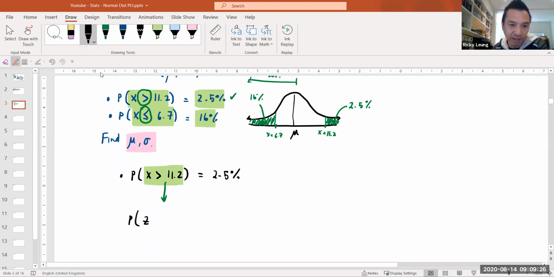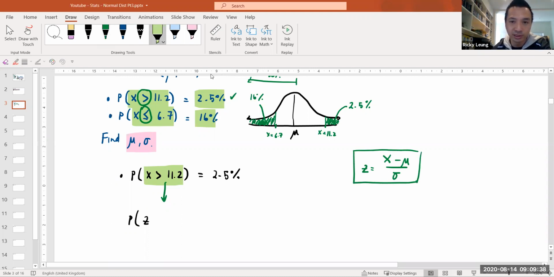To get from X to Z, please remember the formula: Z equals whatever X you have, minus mu, over sigma. Remember that, please. That's your conversion from normal to standard normal. In other words, that's how you standardize your scores. So then this becomes greater than (11.2 minus mu) over sigma, which is missing, and that's perfectly fine.